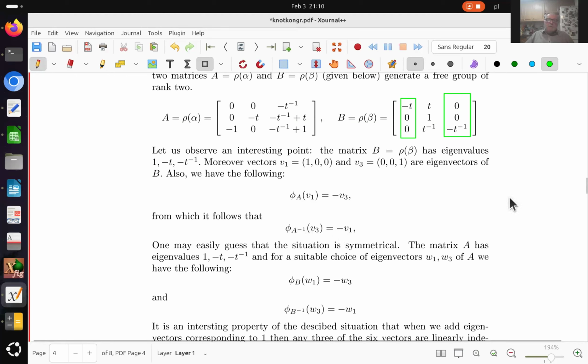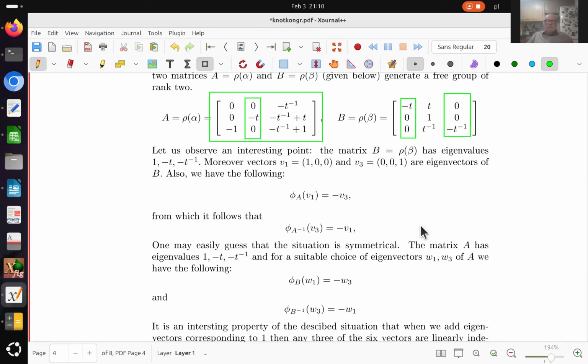And as I told you, these two elements in the braid group are really almost identical. They are very similar to one another. And you can guess that for the matrix A, this one given here, the eigenvalues are the same: minus t, minus t inverse, and 1. It's not as visible as it was; minus t is very visible, minus t inverse is less visible.